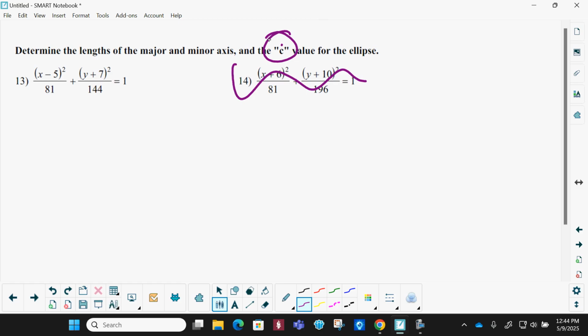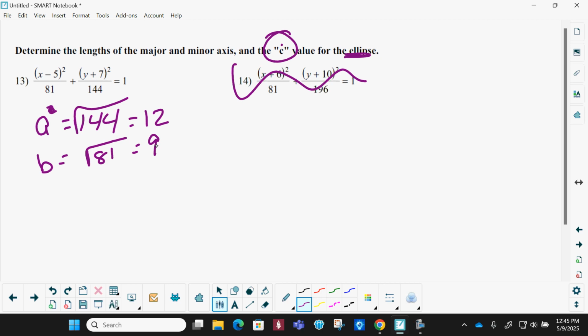Okay. This is an ellipse. So A is the biggest. So my A value is 144. Actually, that's my A squared. So essentially, we take the square root is 12. And then B is 81. So that's 9. An ellipse, remember, C squared equals A squared minus B squared.